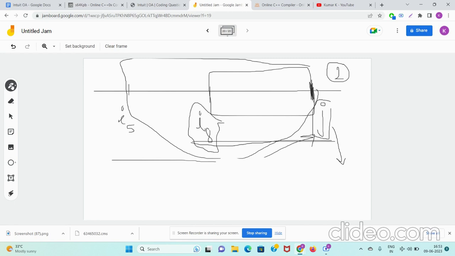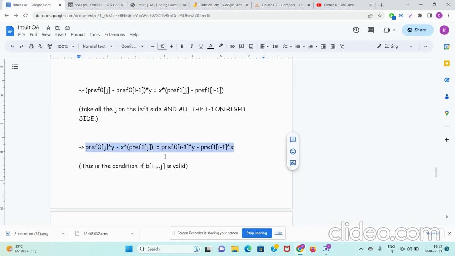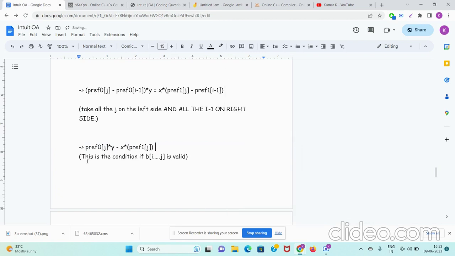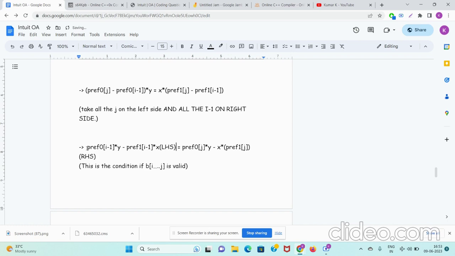Let me write this there. This is the LHS, this is the RHS, the jth index term. These both quantities should be equal.